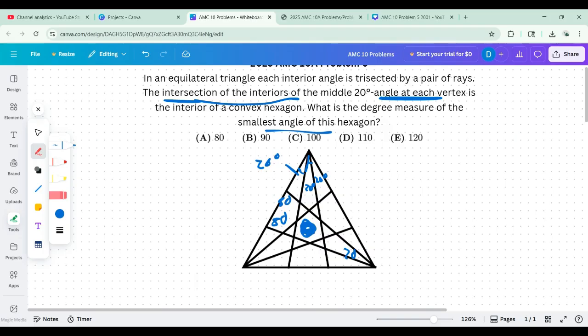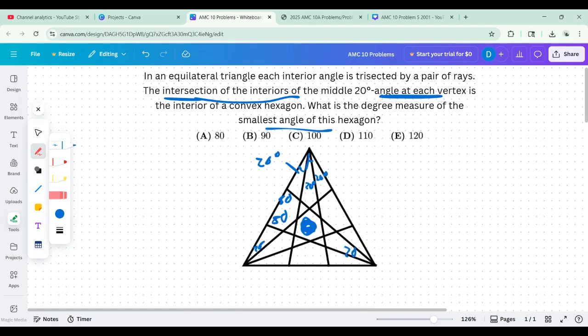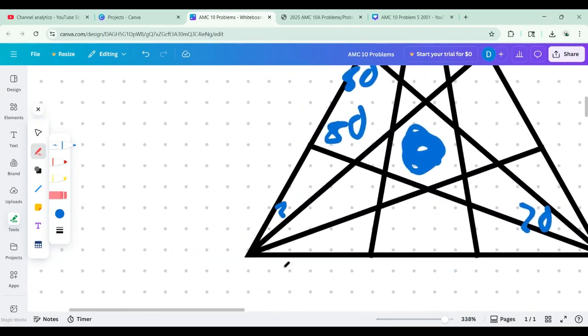So these two are congruent angles at 80 degrees each. And we can go further by finding that 20 degrees right here. Wait, hold on. 20 degrees right here. This is because it's a straight line. The supplement of 80 degrees is 100.